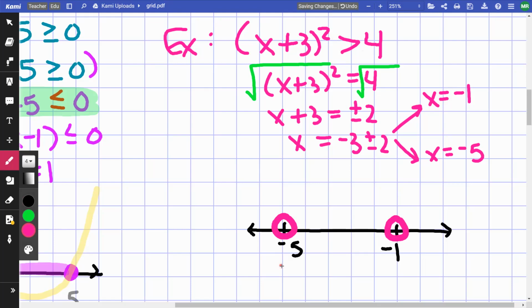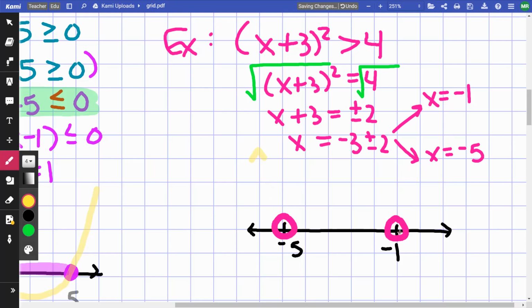Because you can think of this as a height of 4. Like on a graph, I'm at a height of 4. So this would be 4, but I don't want that. This would be 4, but I don't want that. But still think of this as a parabola. I'm still going to think of this as an open up parabola.